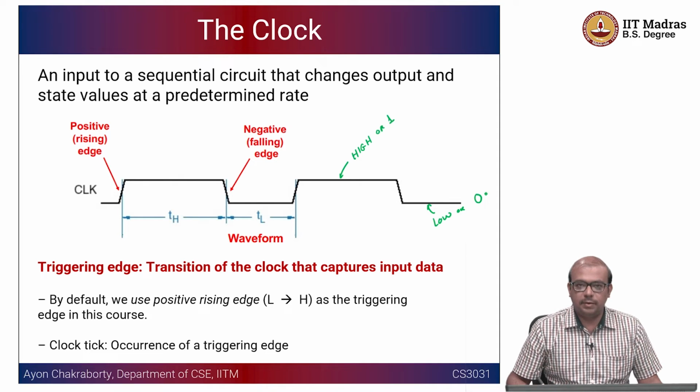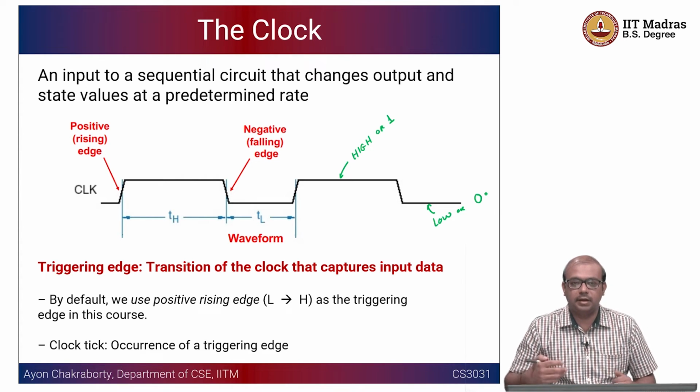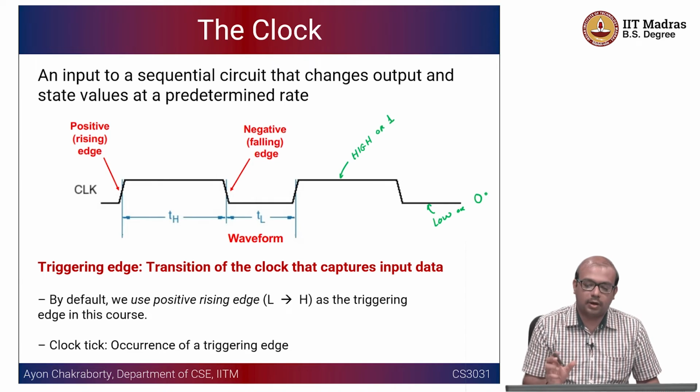So this is an input that is fed to a sequential circuit, and we can always count the number of highs and lows per unit time. That could determine how fast or how many times the clock has been given to the particular circuit, okay.